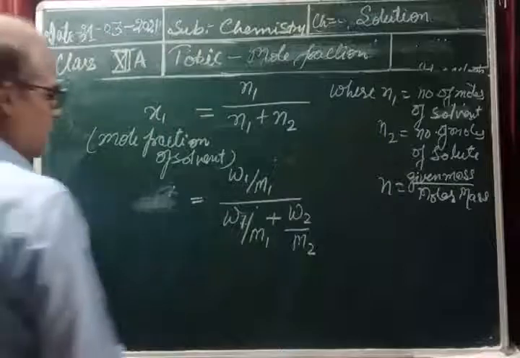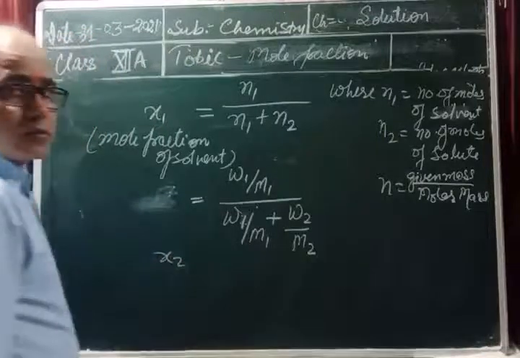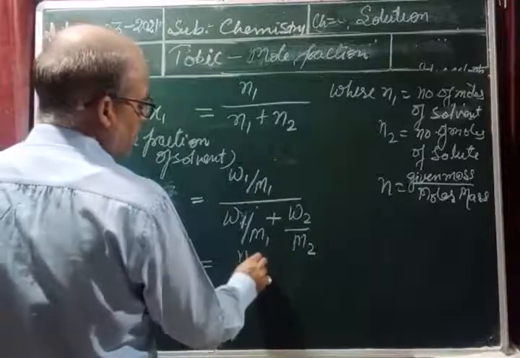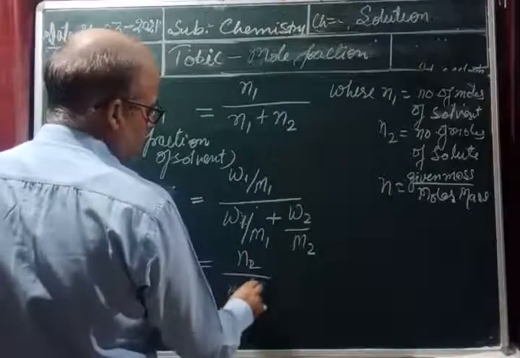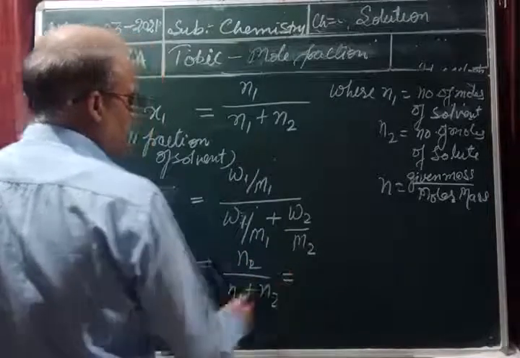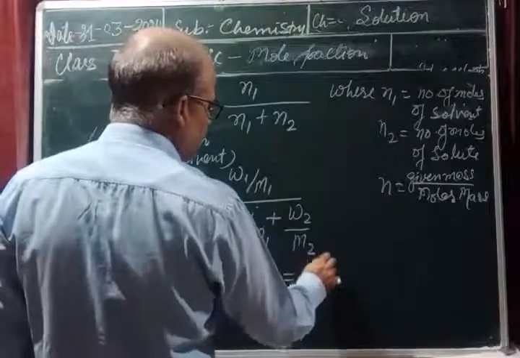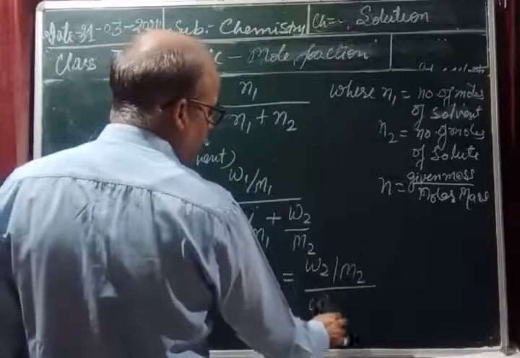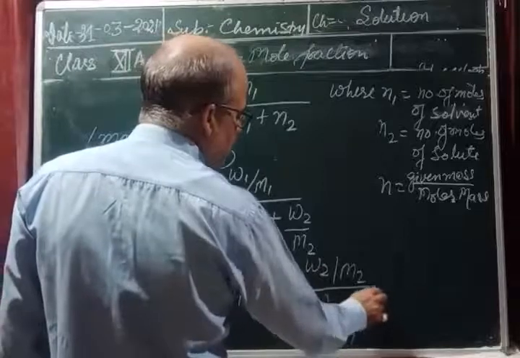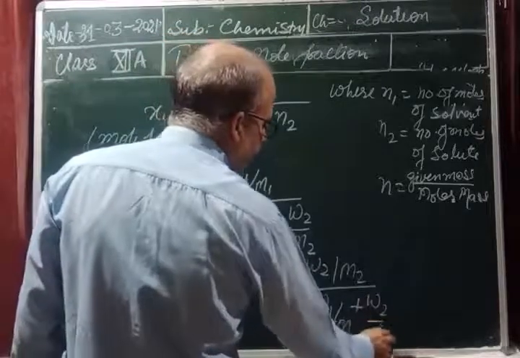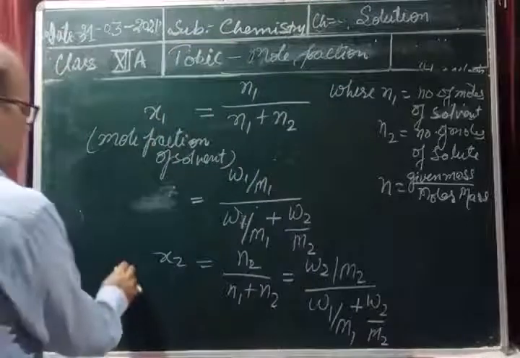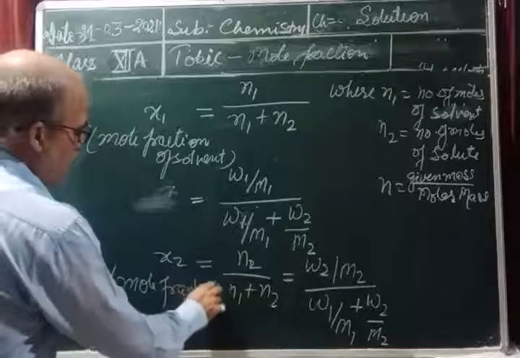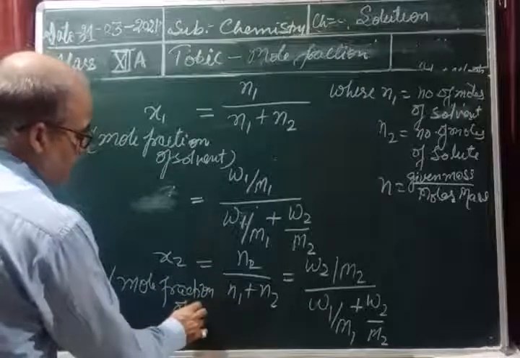Now X2 formula will be N2 upon N1 plus N2. In the form of this formula it will be W2 upon M2 upon W1 upon M1 plus W2 upon M2. This is the mole fraction of solute.